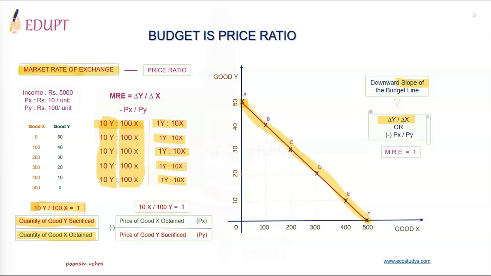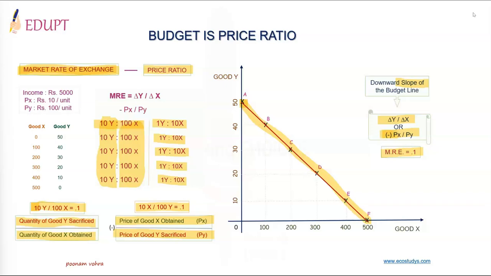the market rate of exchange as the price ratio, that is, the price of good X obtained, Px, divided by the price of good Y sacrificed. So it is 10 divided by 100, 0.1, which gives the slope of the budget line as the market rate of exchange, 0.1.